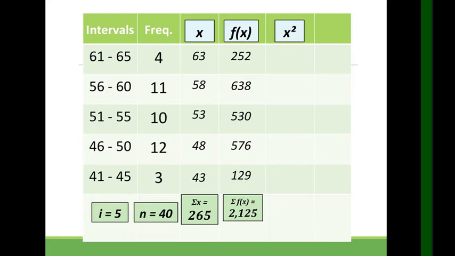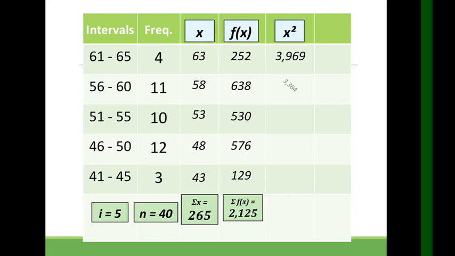Next one is x squared. So how to get the x squared? The x squared is this one, okay? So you will multiply it by itself. That is 63 times 63, 3,969.